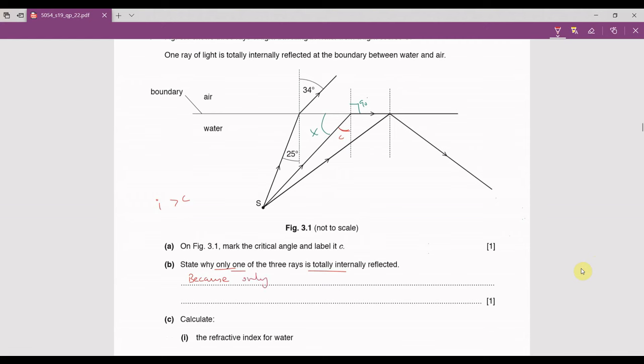Because only in the third ray, or you can say the one at the right, you can always refer to your diagrams in the question, because only in the third ray is the angle of incidence greater than the critical angle, sorry.